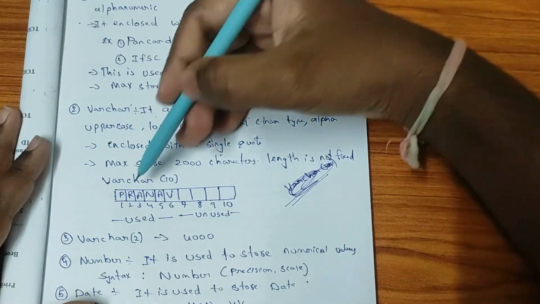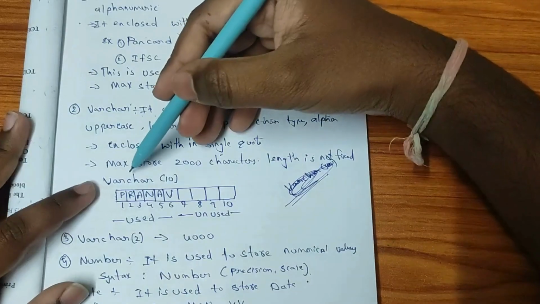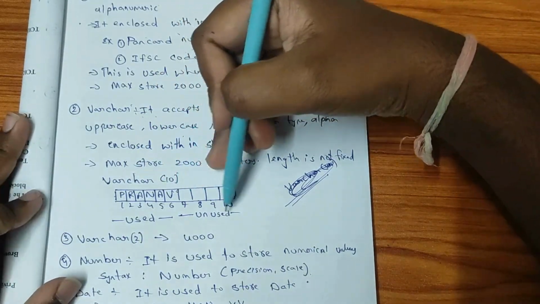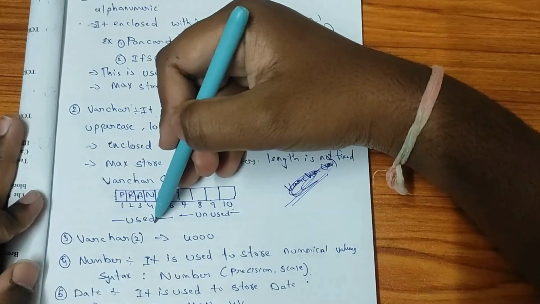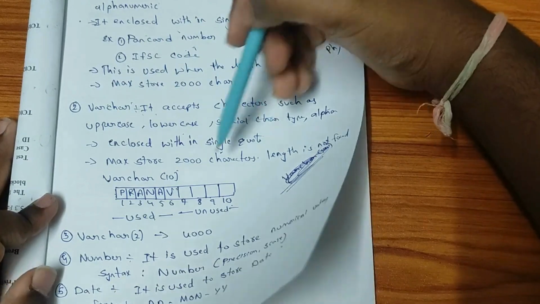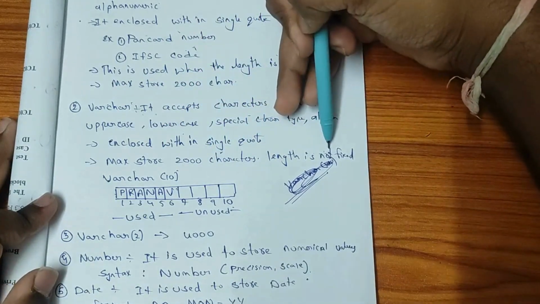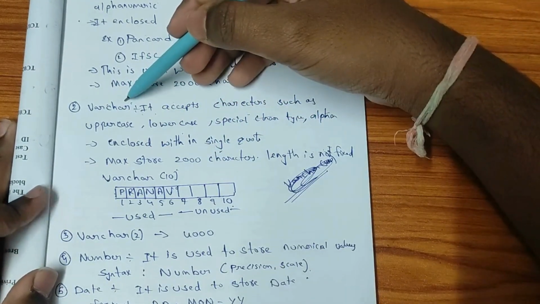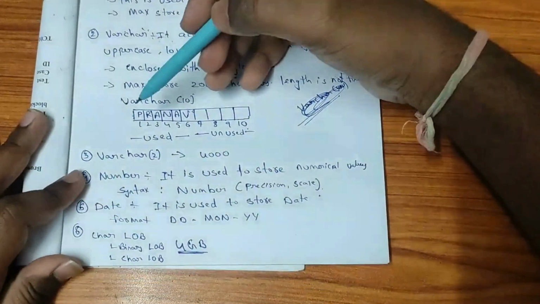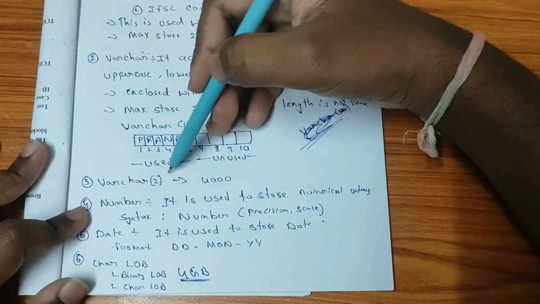If we have mentioned varchar 10 and we are using only 6 letters, then these are unused letters and these are used letters. This is nothing but varchar. Whenever we don't know the size, we just write varchar while creating the table schema.